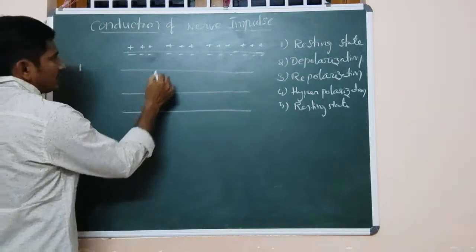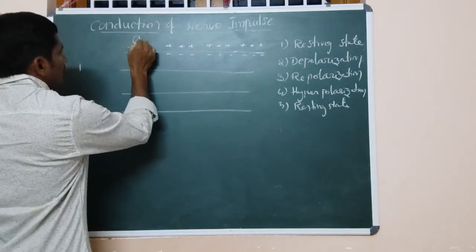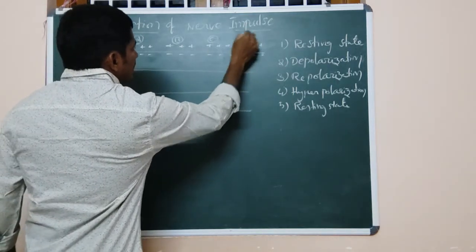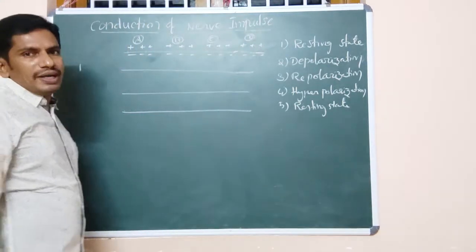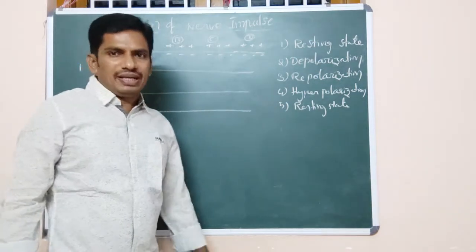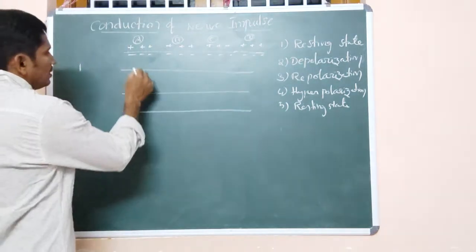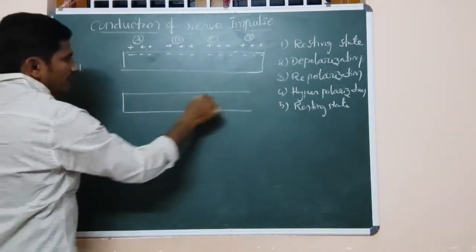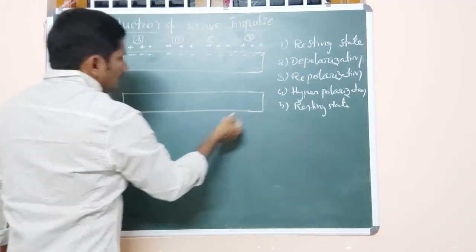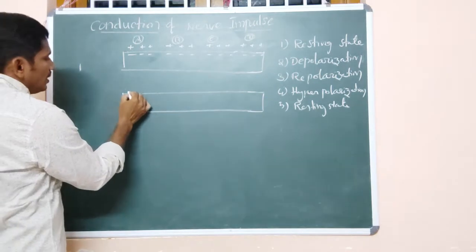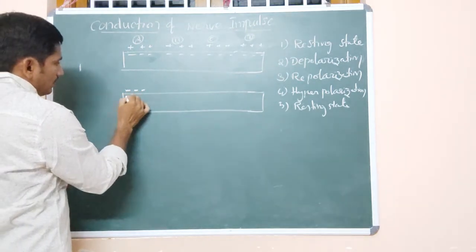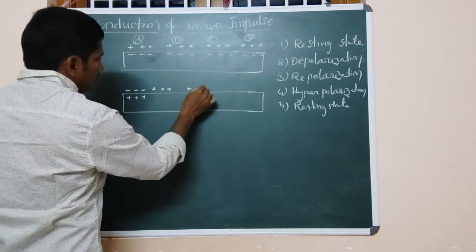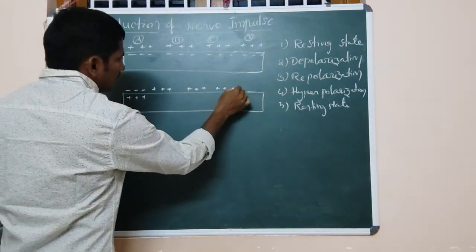In the depolarization, take these points A, B, C and D on the axonal membrane. I am drawing like this to avoid confusion. Here it is positively charged, again positive and positive.